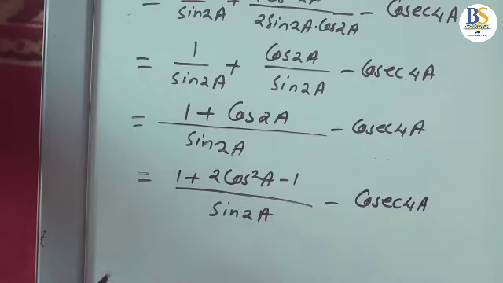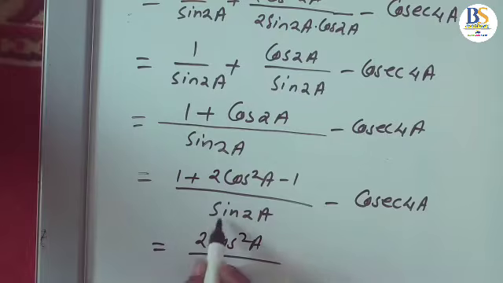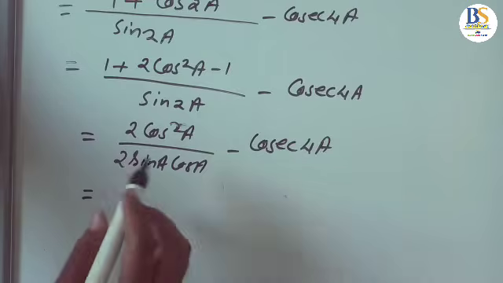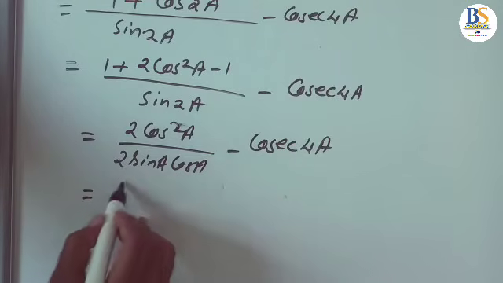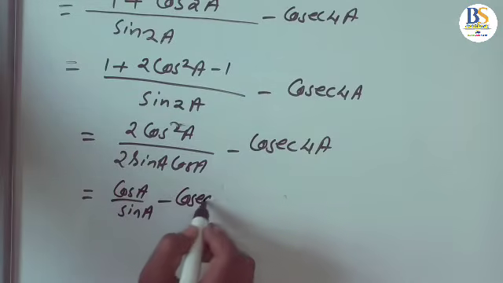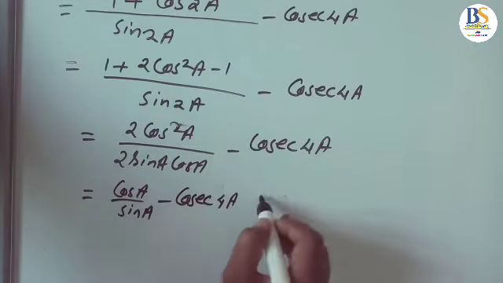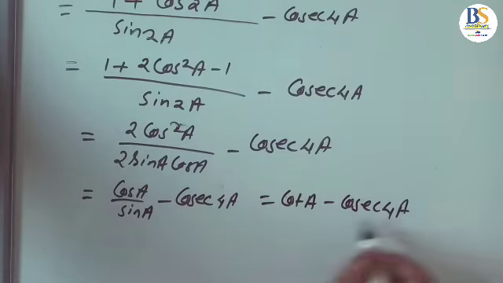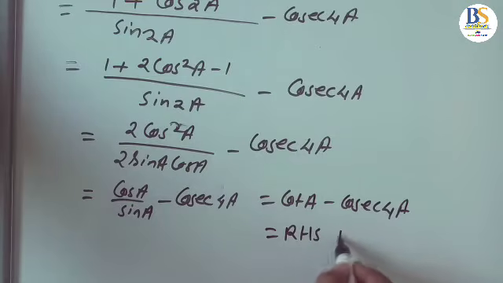Then the 1 cancels out, and 2 cos square a divided by sin 2a equals 2 sin a cos a, minus cosec 4a. This is equal to 2 cancels out, cos a cancels out, cos a upon sin a minus cosec 4a, equals cot a minus cosec 4a, which is equal to RHS. Proved.